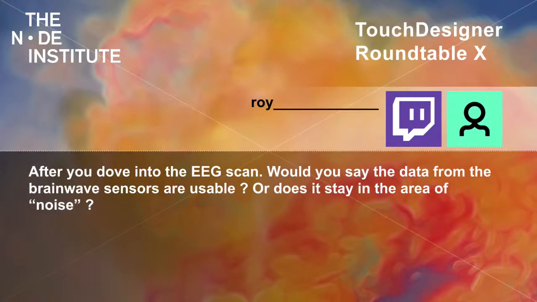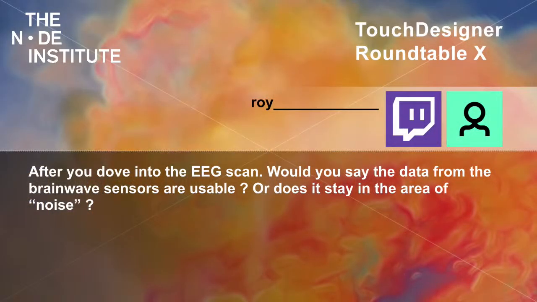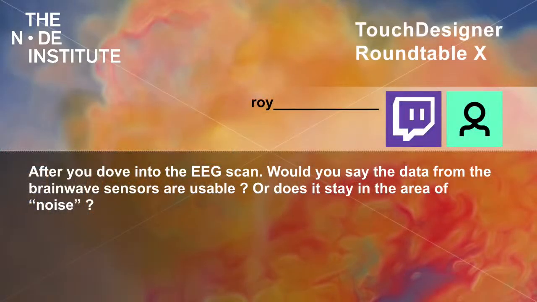And then you had a question up on the screen. I didn't get a chance to read it. After you dove into the EEG scan, would you say the data from the brainwave sensors are usable, or does it stay in the area of noise? Yeah, so there's definitely tricks that you can do. What I ended up doing was using a custom algorithm, which was based on some research that I did, the theta to theta ratio.